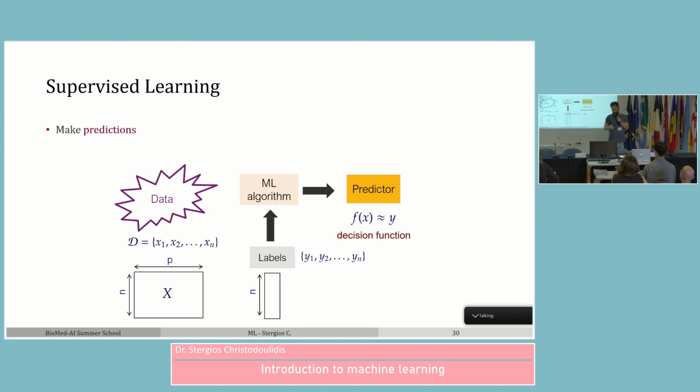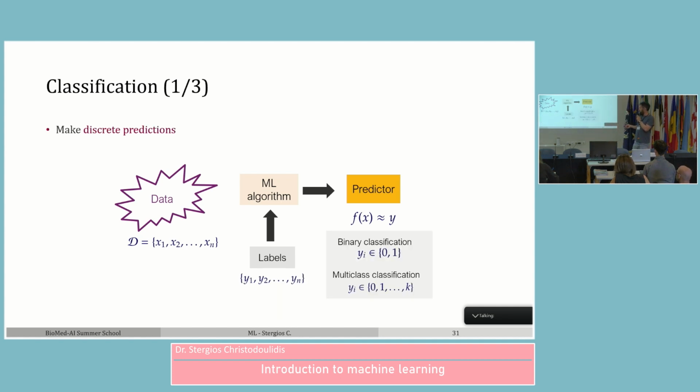And the task now for the machine learning algorithm is to learn this decision function, learn this mapping that takes X, the input, and transforms it into the Y. And as I told you, we can have cases where we want to make discrete predictions, meaning different classes, cat versus dog, or different subtypes of diseases, malignant or benign, or subtype A, B, C, etc.